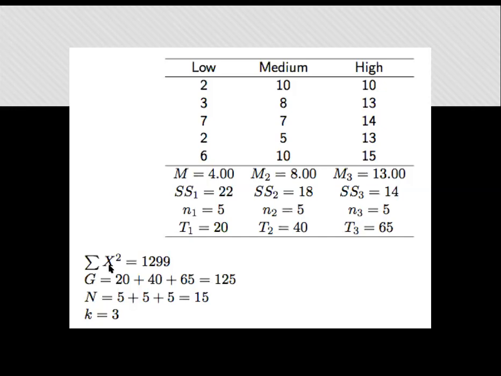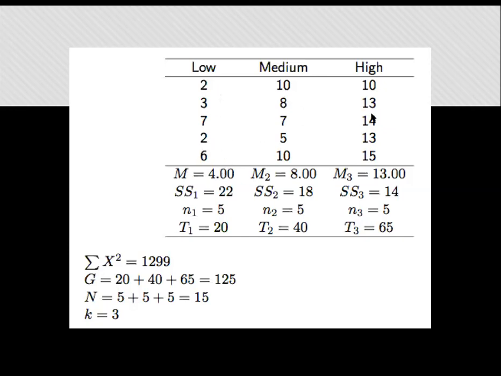The sum of X squared. Remember to be careful here with our order of operations. It's not the sum of X and then squaring it, right? You have to take each score and square it and then add them up. So we're going to do the exponent first, then the adding. So 2 squared, 3 squared, 7 squared, 2 squared, and 6 squared. Add that all up, right?